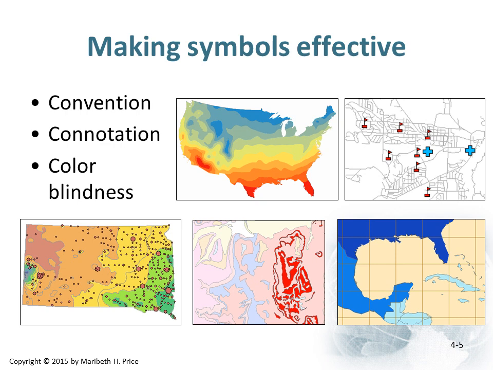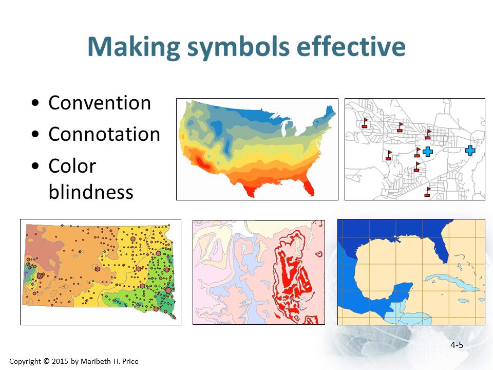For example, if you're looking at temperature, if you look at the top left map of the US, obviously cool is blue, hot is red, and you can get some information from that. Other symbols like crosses and flags can be somewhat ambiguous. In other words, it's hard to tell exactly what they mean. So if there is a particular symbol that is recognized universally or is important to a particular client or agency, then utilize those symbols that make sense.